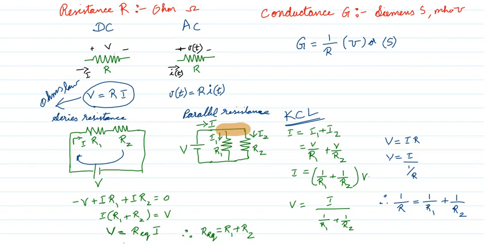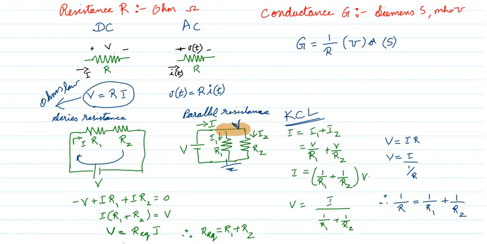We know current is voltage by resistance. So what is the voltage across this node and the ground node? It is V. The current I1 is V by R1. The current I2 is, the voltage across these 2 points is also V, so it is V by R2.